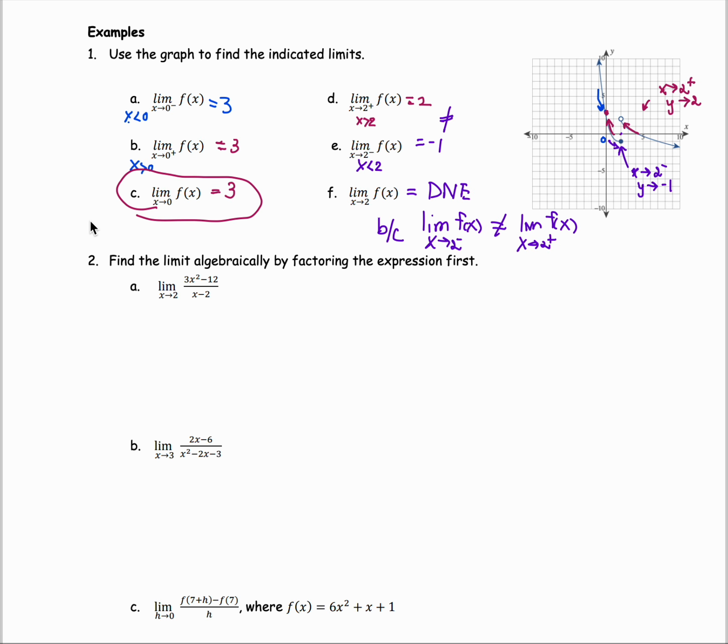Whereas in A, B, and C, the limit exists because the limit of the function f of x as x approaches 0 from the negative side equals the limit of f of x as x approaches 0 from the positive side. So there are two cases to see whether the limit of the function as x approaches a exists or doesn't exist, by looking at whether both directions come to the same number or not. Next, we're going to look at more examples involving algebraic expressions and using the factoring skill in finding the limit value.